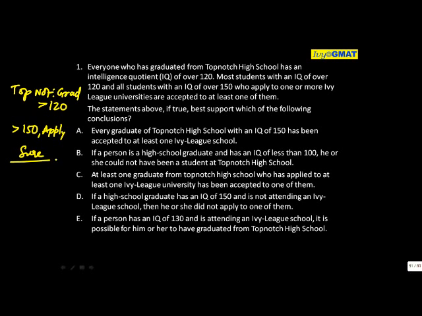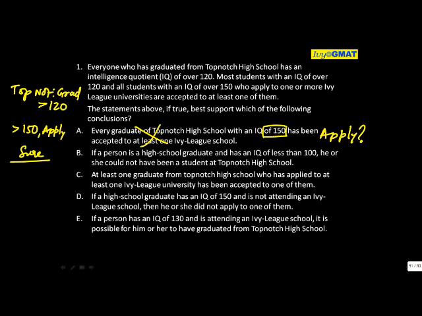These are the 2 things that we need to understand. Now let's see option A: every graduate of top notch with an IQ of 150. What is the condition? Of or above? And A does not talk about applying. Both are a problem. So option A is not correct.